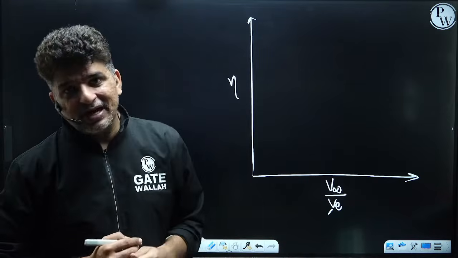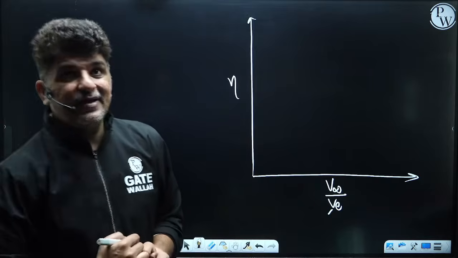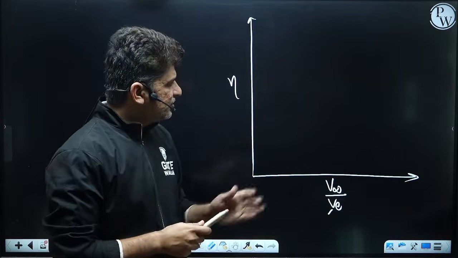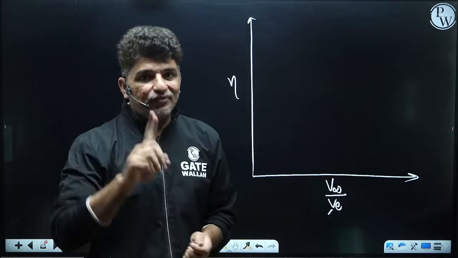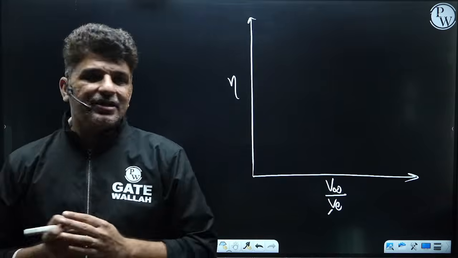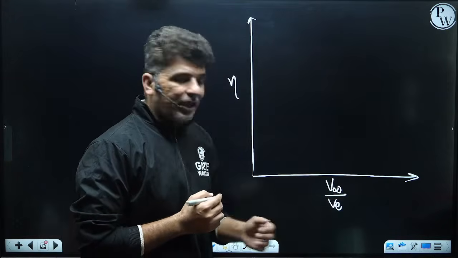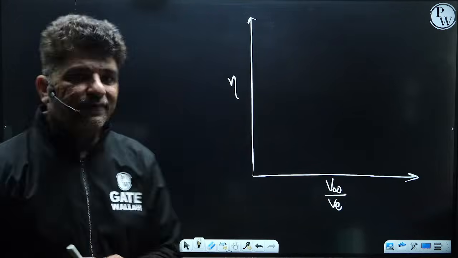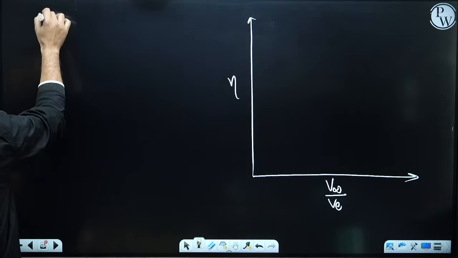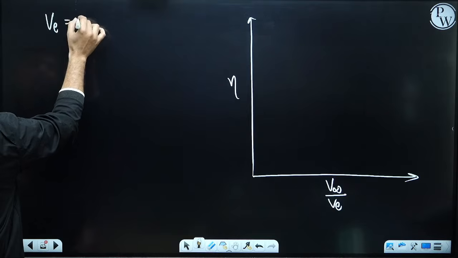Whenever we are drawing a graph, generally we have to vary only one parameter, since this is a 2-dimensional graph. So either you can fix V infinity or you can fix V exit. We are going to fix V exit because generally that is what is mostly fixed.